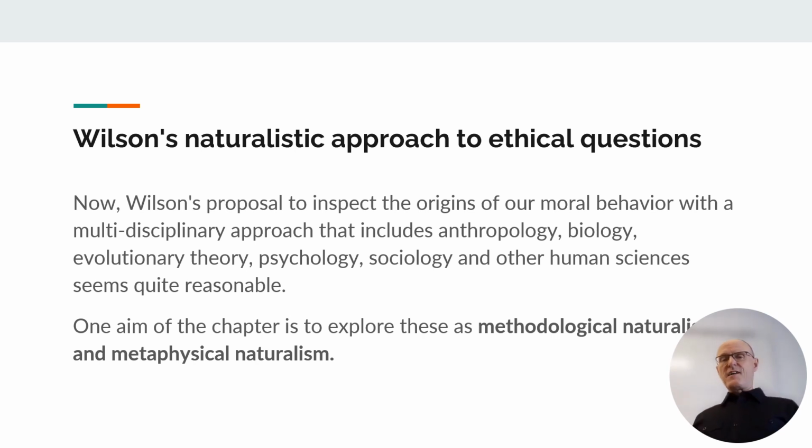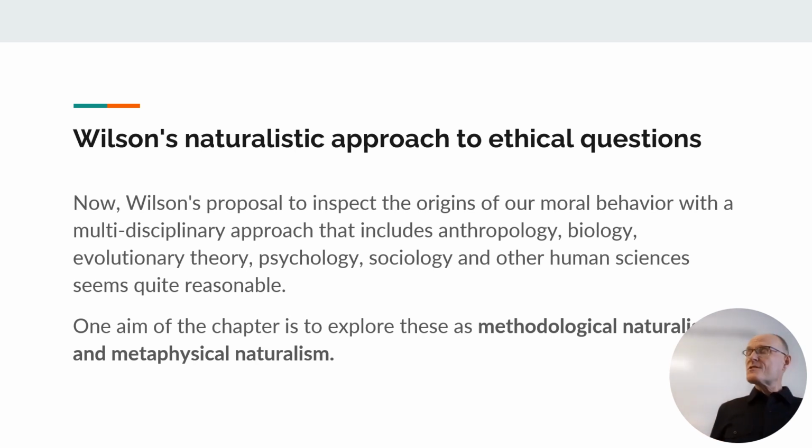And the only sciences that are relevant to human behavior are things like anthropology, which looks at different societies and how they behave and the rules they have. There's biology, which is obviously the study of the human body and other kind of biological organisms. There's evolutionary theory, which we've just been talking about. There is psychology, which is understanding not just the human mind, but all animal minds and seeing how minds work.